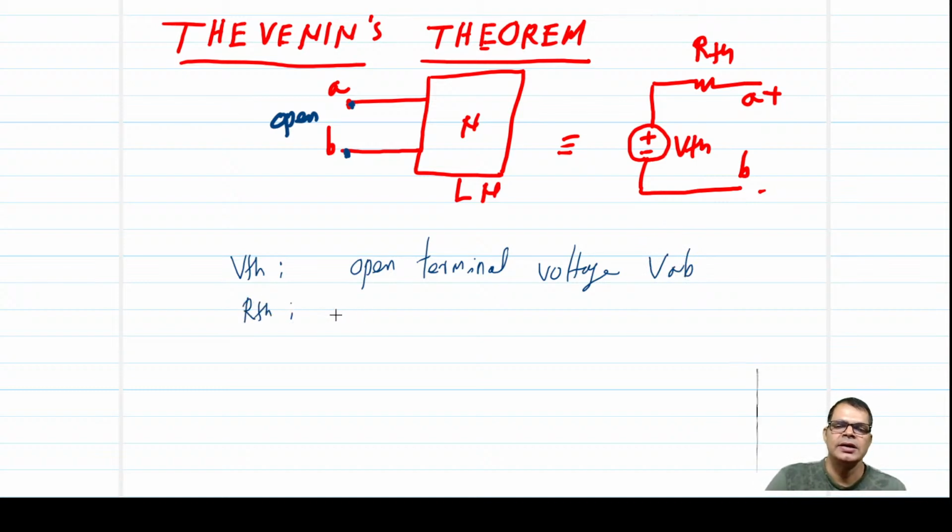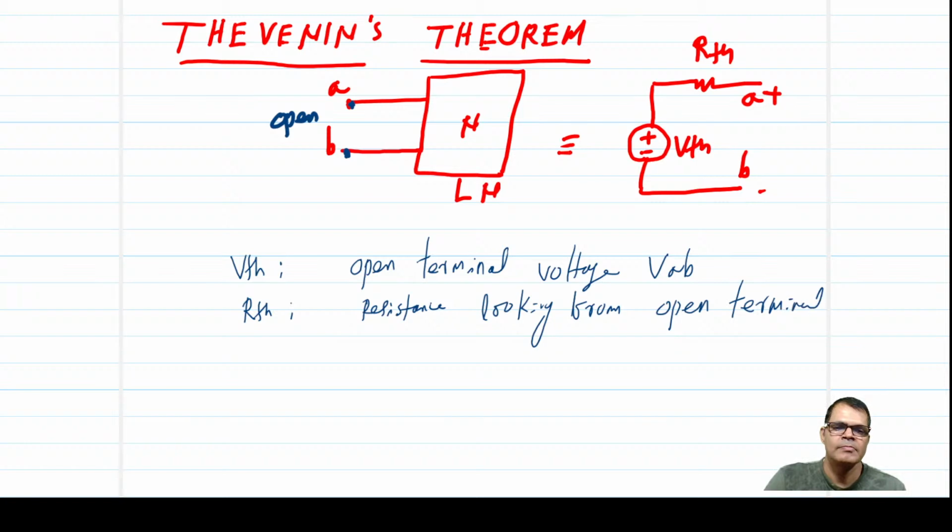RTH is the resistance, or impedance, for example if it is an AC circuit, looking from open terminal A and B into the network.